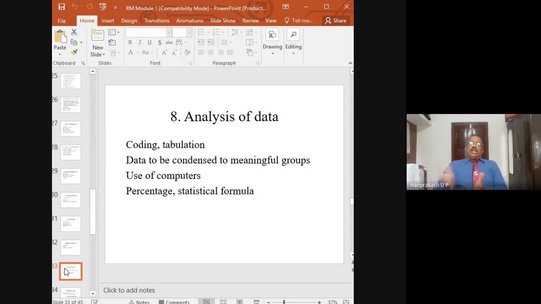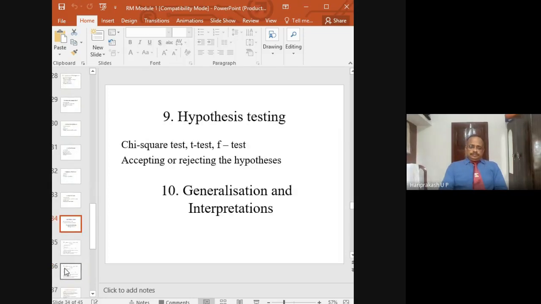For all the responses, what is the response of 1,000 people for this question, like that. You need everything in a table form. For this, now we are using computers. Percentages and statistical formulas are used to analyze the data. Then next, the ninth step, is testing the hypothesis.